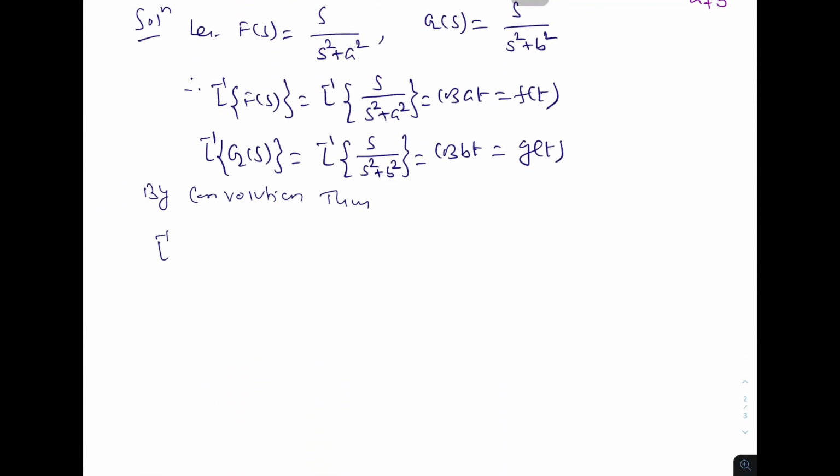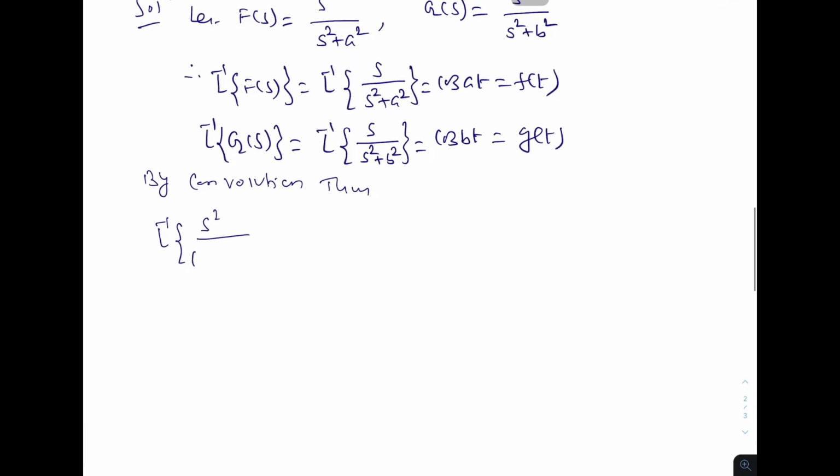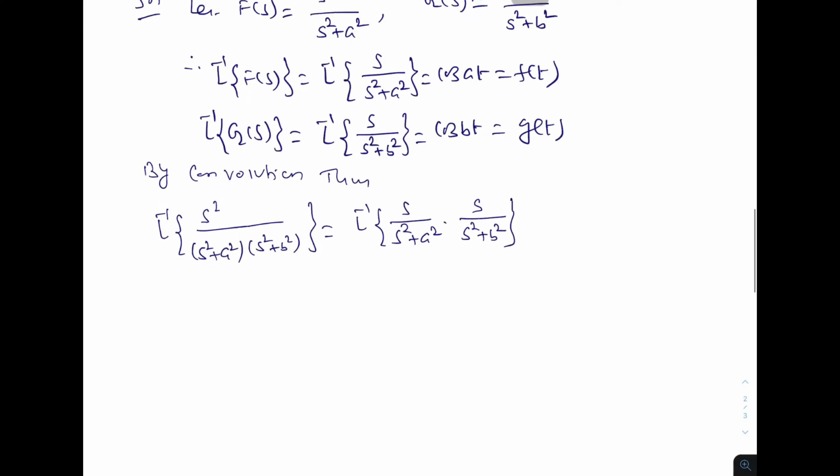Inverse Laplace transform of s square over (s square plus a square)(s square plus b square) is equal to inverse Laplace transform of s over s square plus a square times s over s square plus b square, and this is nothing but the f star g convolution.